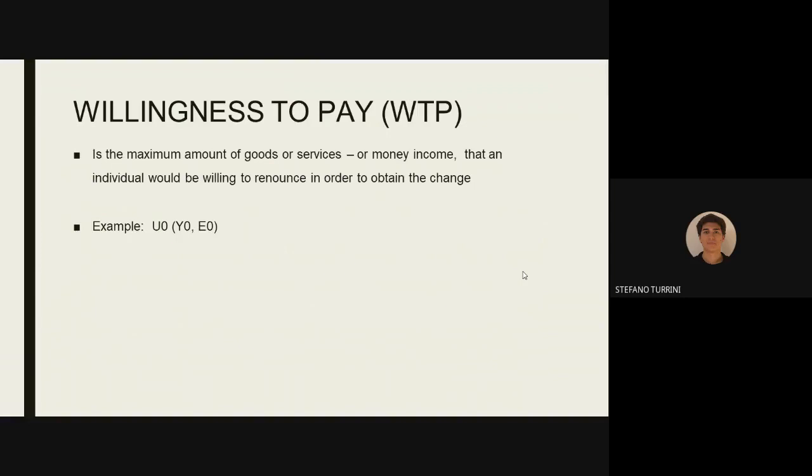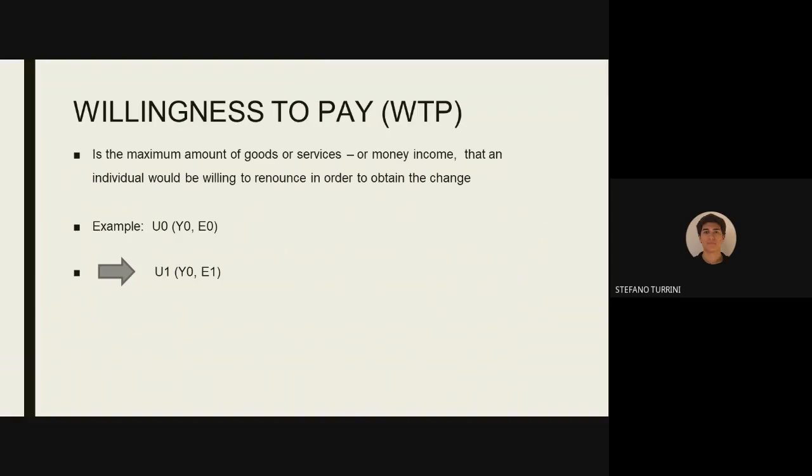We suppose now that we have an increase in the environmental quality, so we pass from e0 to e1, a shift from the utility function u0 to the utility function u1. This difference cannot be measured directly, so it's important to use some indirect tools, for example the willingness to pay.